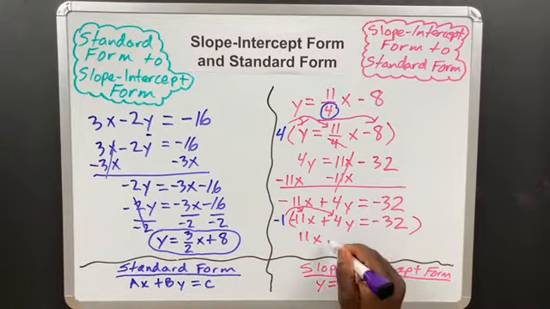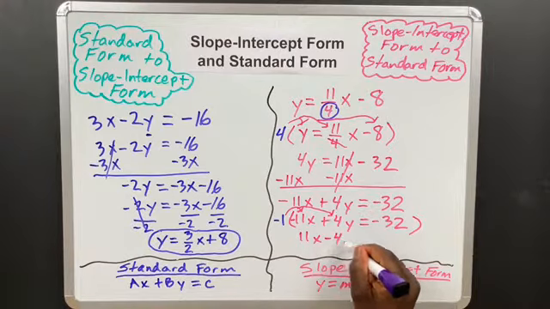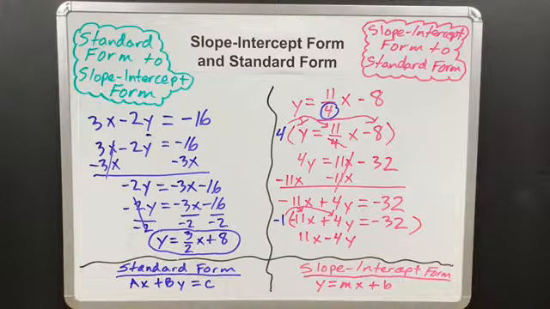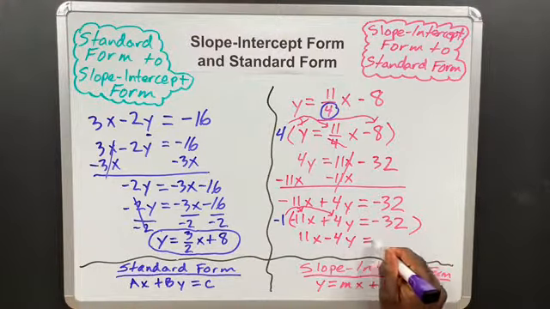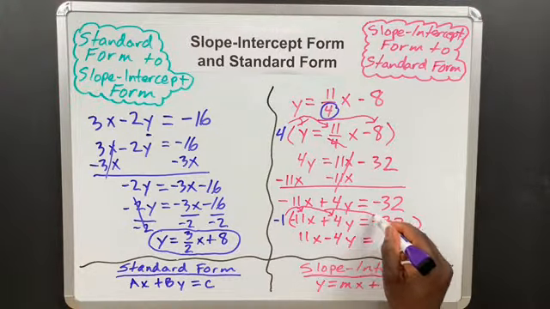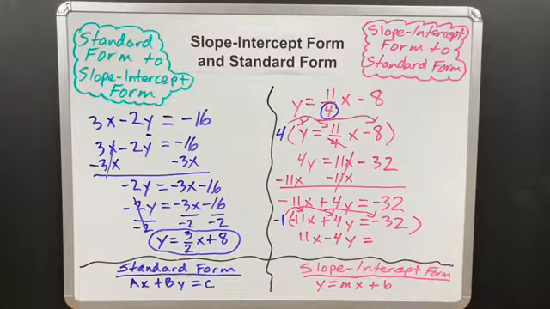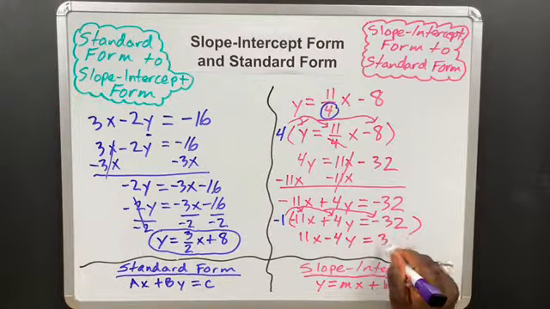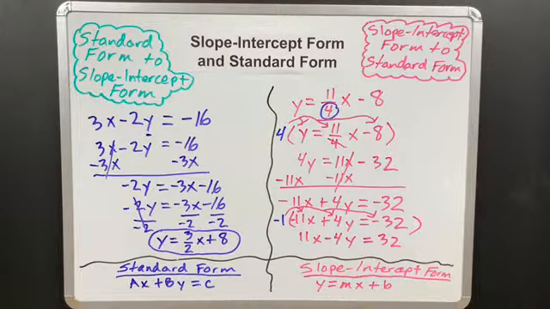Negative times a positive is going to give us -4y. Bring down the equal sign. -1 times negative 32. A negative times a negative is a positive, so that's positive 32. Now let's check. We have 11x minus 4y equals 32.